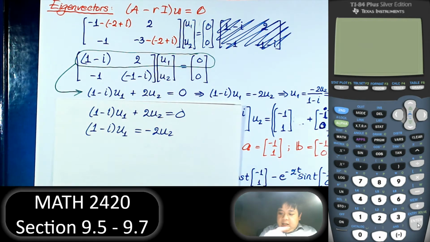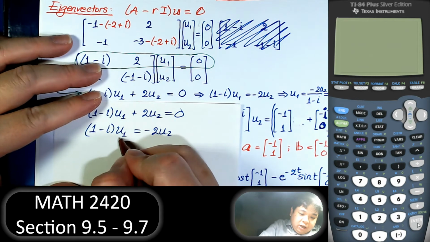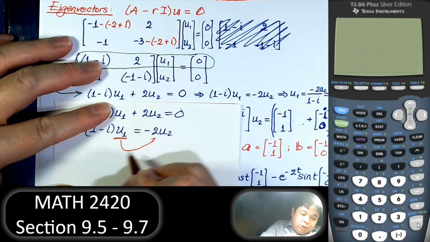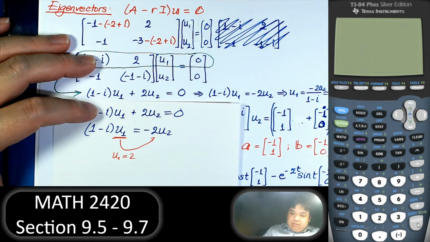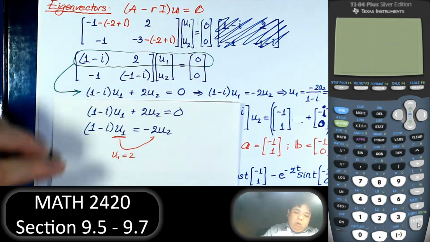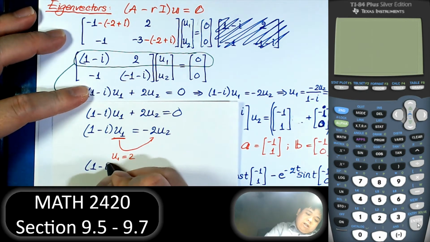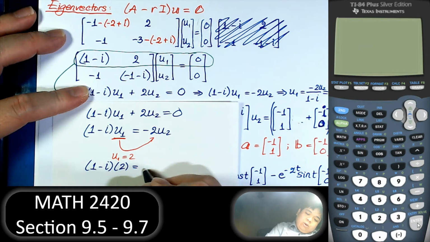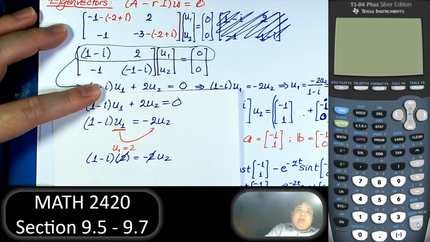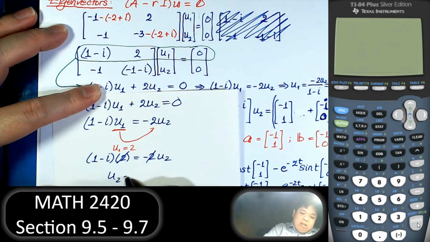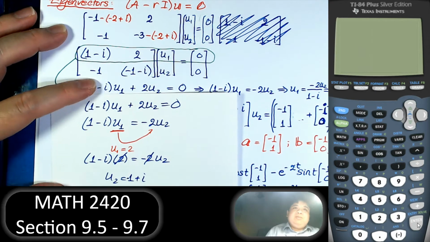notice that if we let u1 equal to 2, so why do we do that? Because when we let u1 equal to 2, we have 1 minus i times 2 equal to minus 2u2. And cancel out the 2, move the negative to the other side, we have u2 is equal to negative 1 plus i.